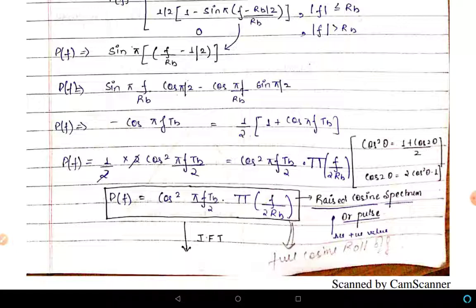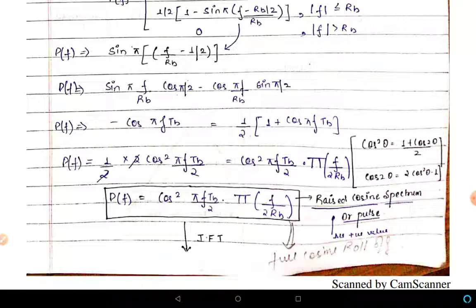There was a problem in that solution because it is an ideal solution. Why? Because this pulse goes till infinity, and the second problem is that it is not decaying fast, and if I have some sampling jitter, then my ISI will again come back into the picture. To avoid that, we had a practical solution.